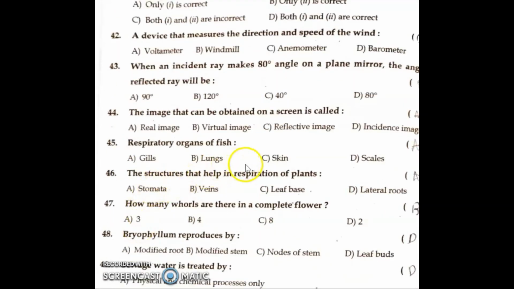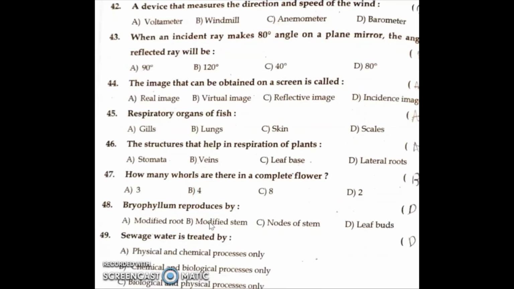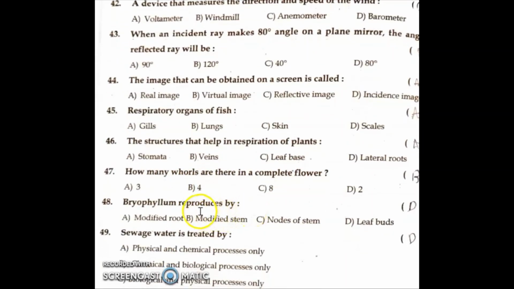The structures that help in respiration of plants. A. Stomata. How many whorls are there in a complete flower? B. 4. Bryophyllum reproduces by D. Leaf buds.